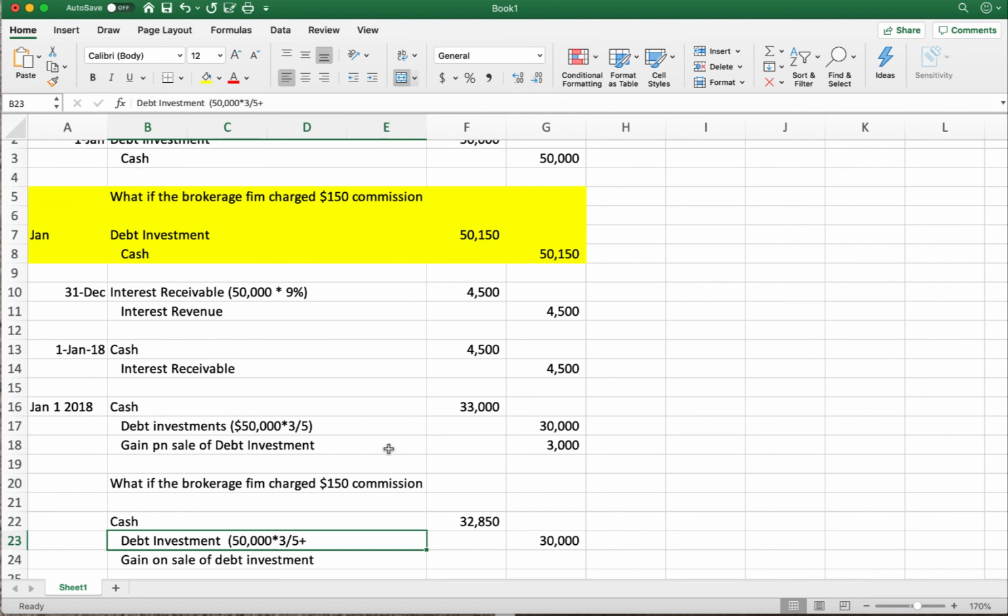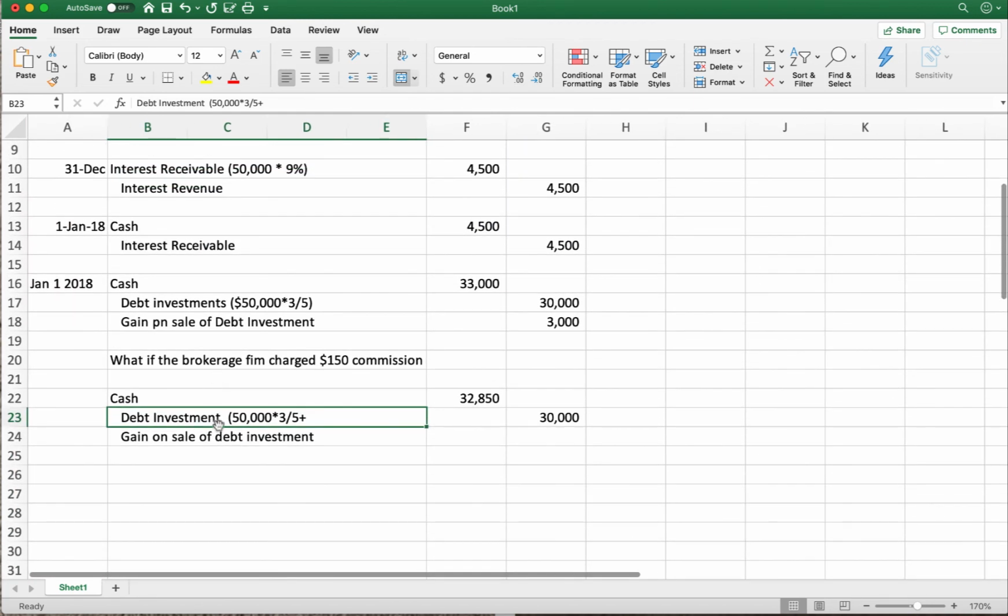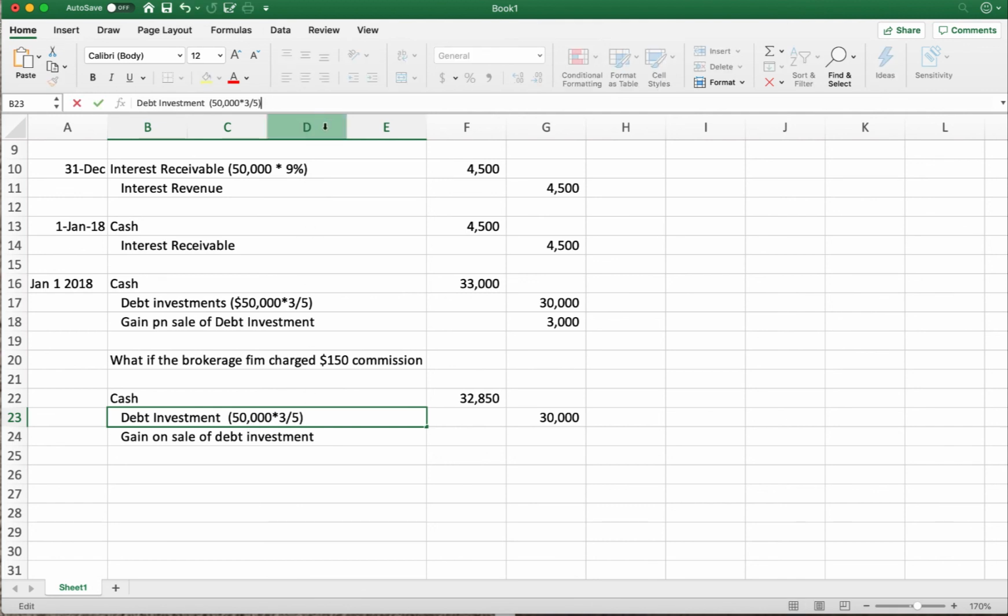We don't use investment expense. We just put it in as part of the debt investment. Well, what we sold was $50,000 face amount, right? The fact that we paid $150 commission on those, that other person doesn't care, right?